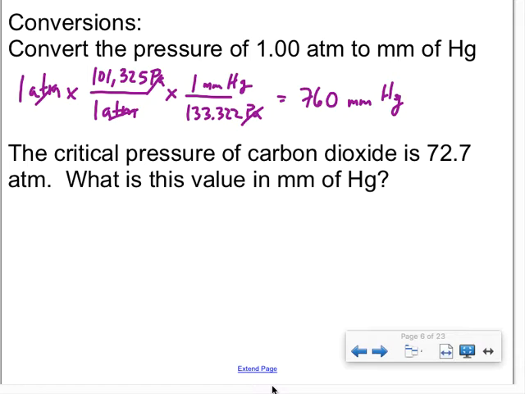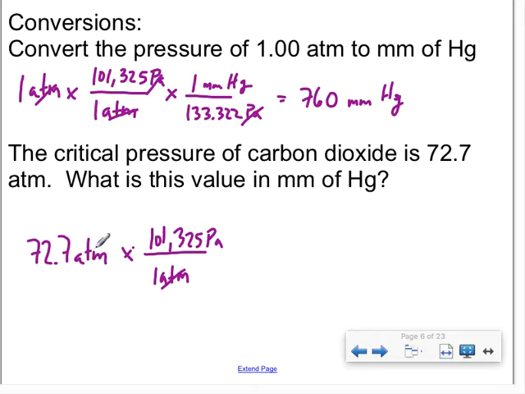Okay, the critical pressure of carbon dioxide is 72.7 atm or atmospheres. What is this value in millimeters of mercury? Okay, so you start with what you're given, and I need to get to millimeters of mercury. Now, in my problem up here, I went from atms to millimeters of mercury, so I can use the same conversions. I'm in atm, that means 1 atm is going to go on the bottom, and 101,325 pascals goes on top, so my atms will cancel out.